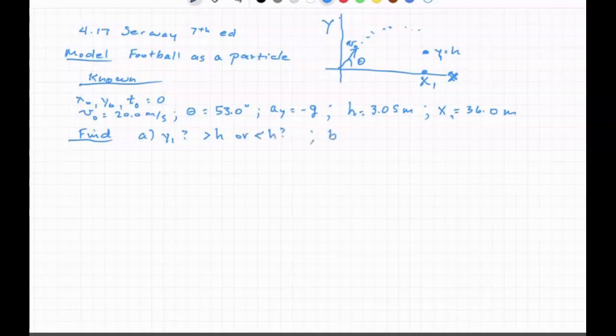And then in part B, we want to know if the ball is on its way up, or rising, when it gets to the goalpost, or is it falling?